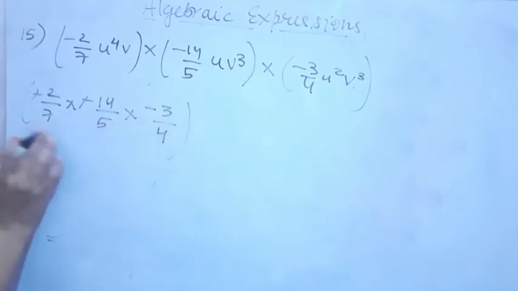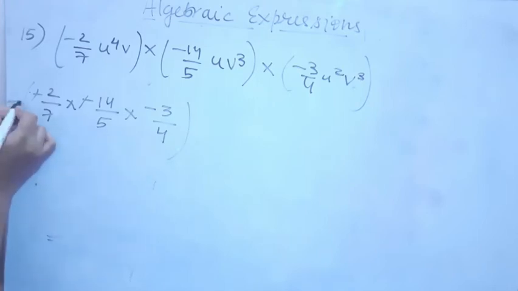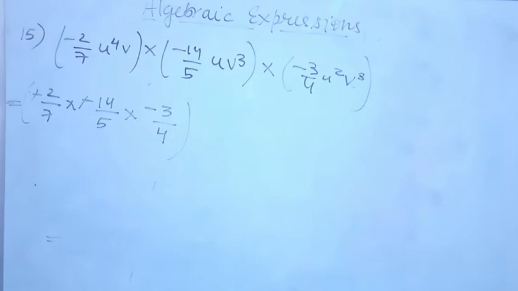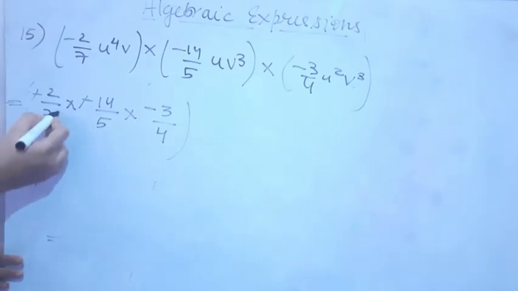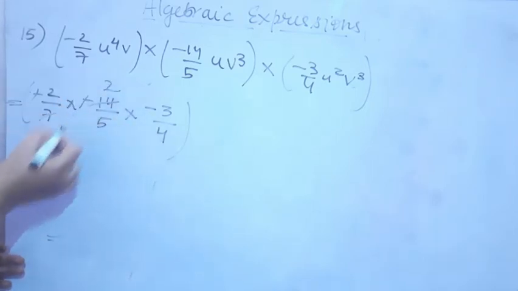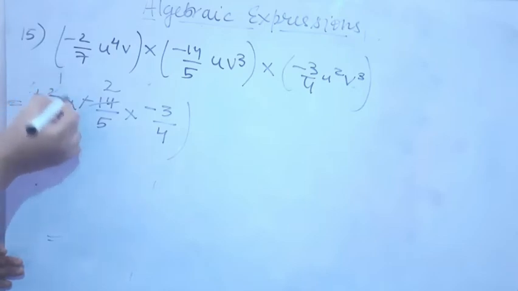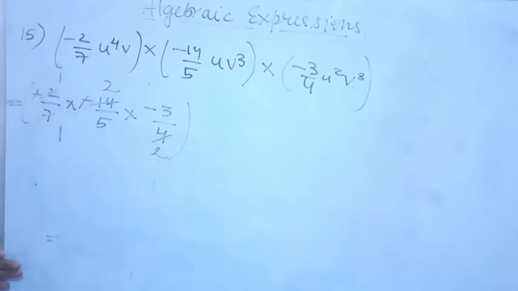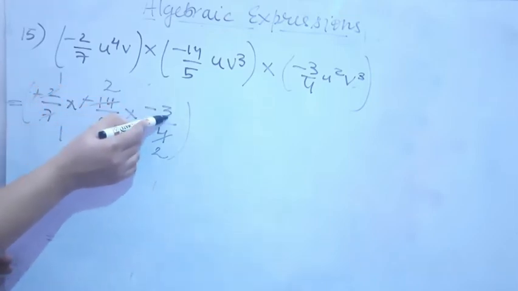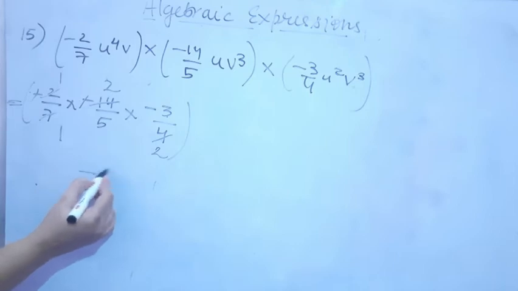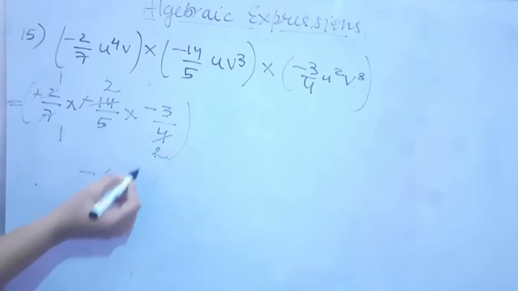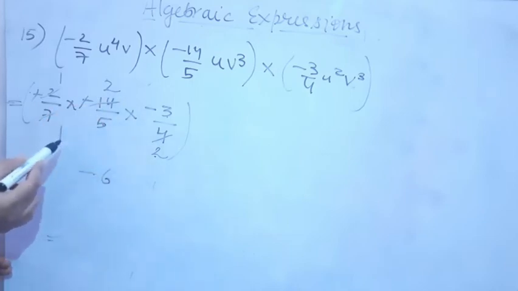Now we have to check whether it can be reduced or not. 7 ones are 7, 7 twos are 14, 2 ones are 2, 2 twos are 4. No, these two can also be reduced.